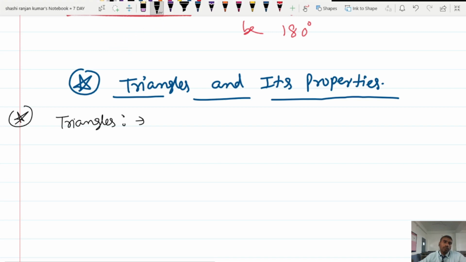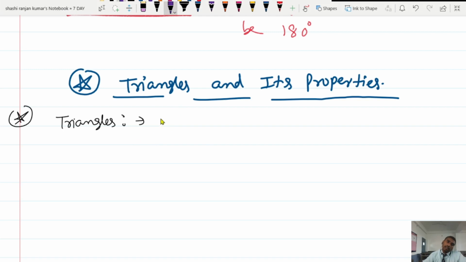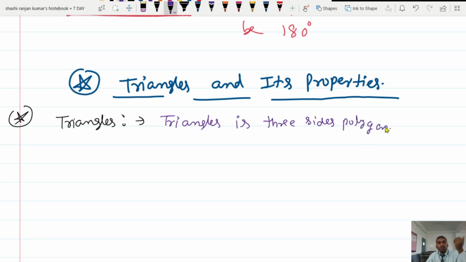So we can define a triangle this way. Yes, very good. A triangle is a three-sided polygon. So a triangle is a polygon having the minimum number of sides.